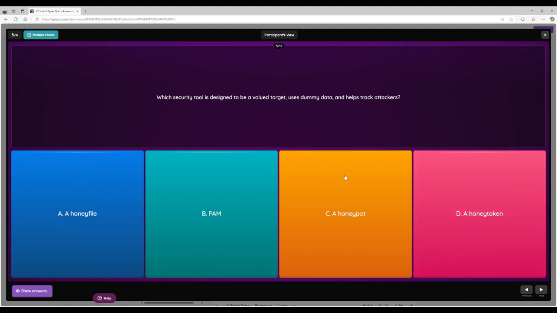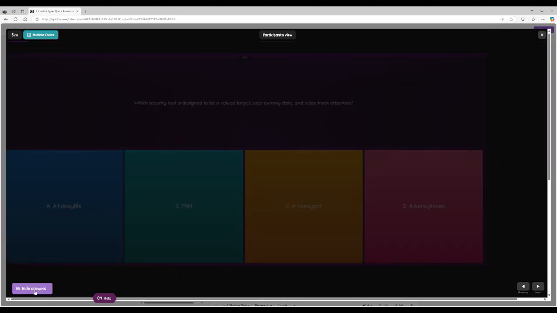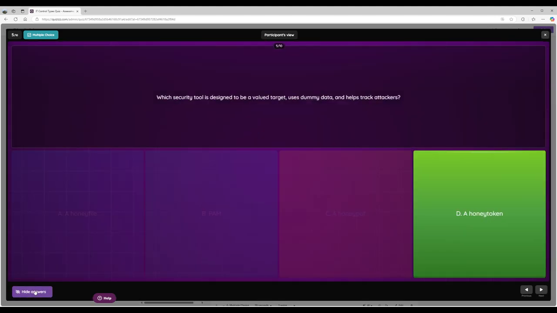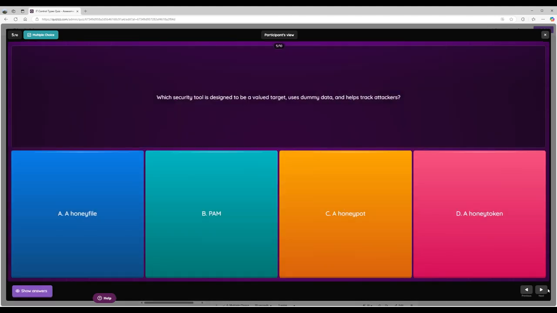So the answer is honey token. Why? Because the honey token mimics valuable data to lure attackers. It serves as a decoy to detect and track unauthorized system access. So that's a honey token.